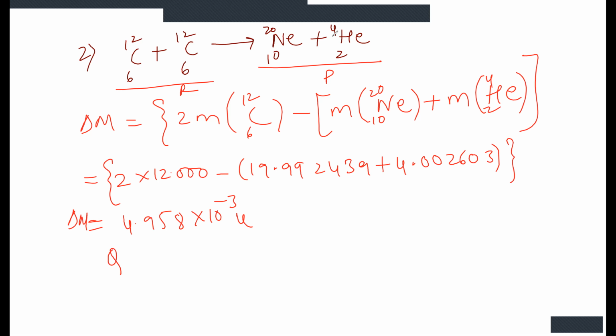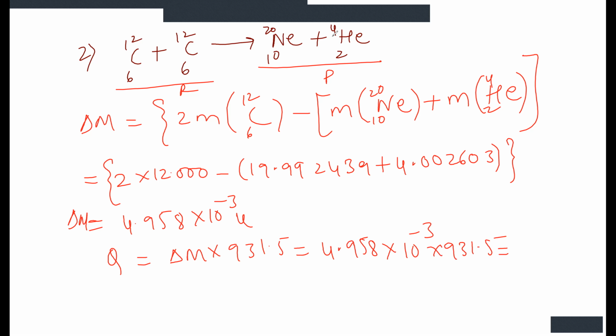And the Q value is calculated by using the formula delta M into 931.5. Substitute the value: 4.958 into 10 to the power of minus 3 into 931.5. And then we are getting 4.618 mega electron volt.